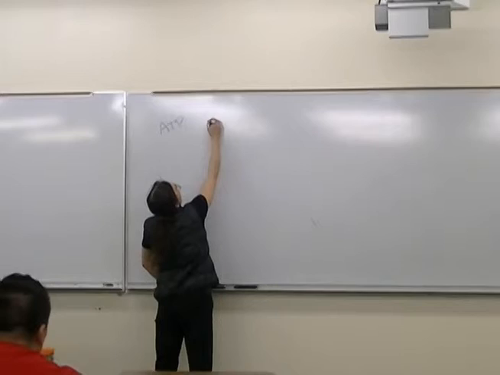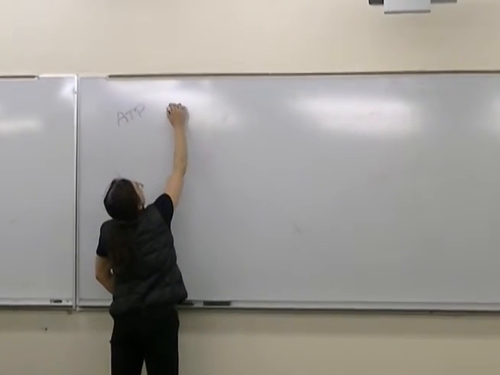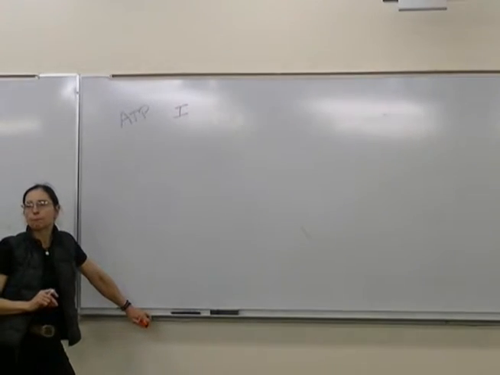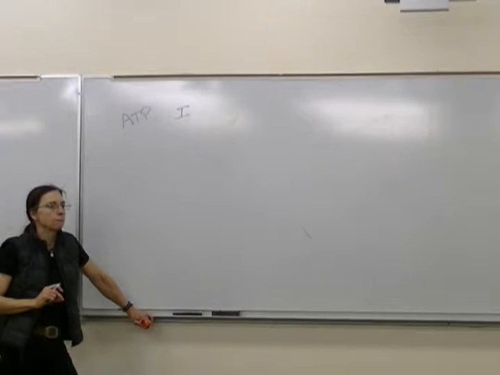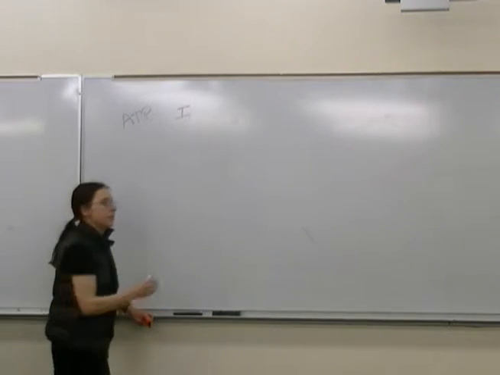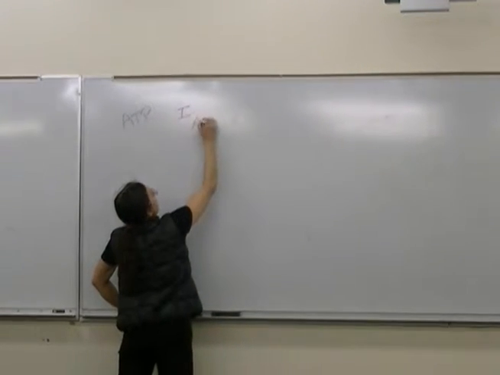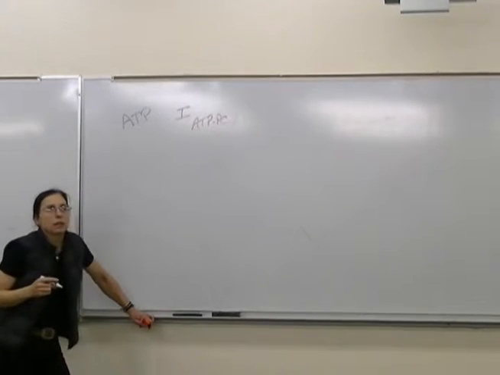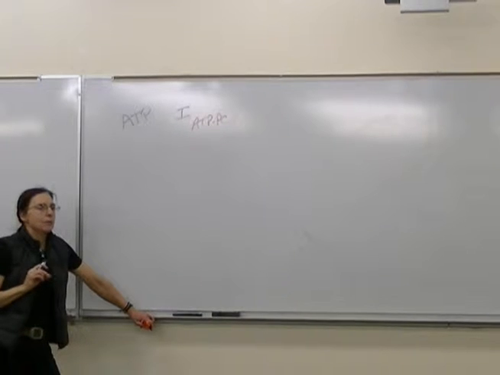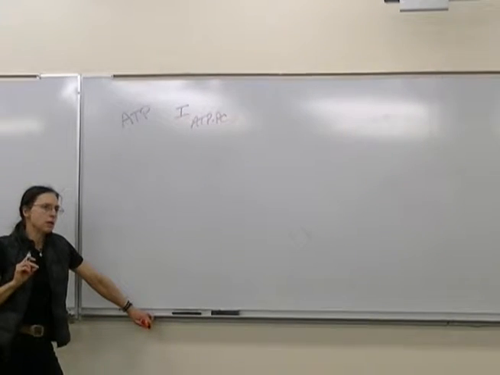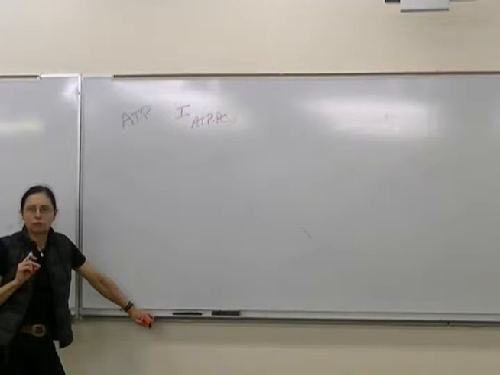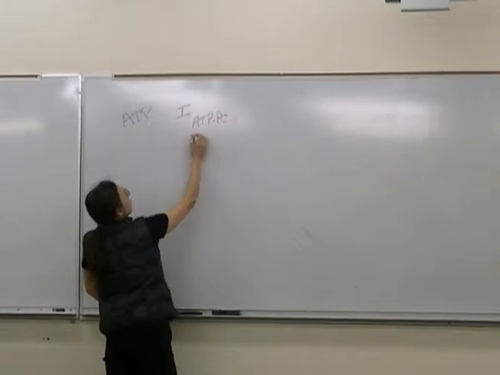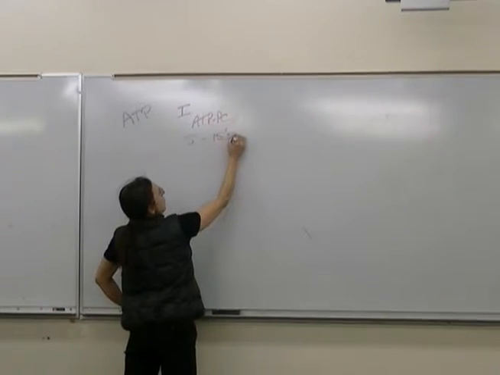What's the first system? The ATP-PC system. How long is the ATP-PC system predominant in making energy for us? 5 to 15, 20, somewhere around there, seconds.